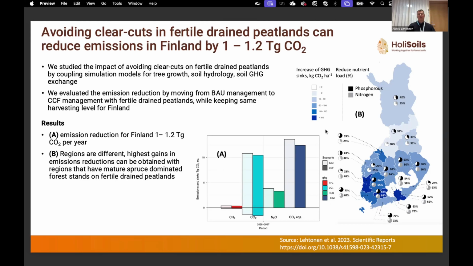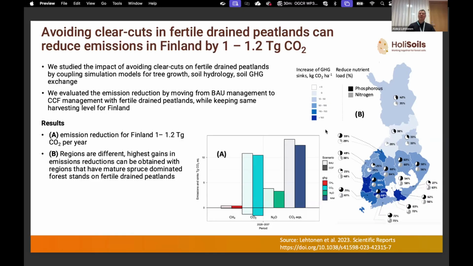when we would avoid clear cuts on these fertile drained peatlands. And we could see that the regions are very different depending on what kind of forests they have and where we have mature, fertile, drained peatlands. Those areas differ.